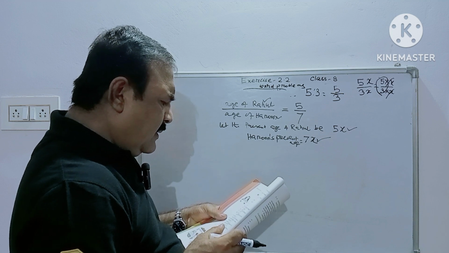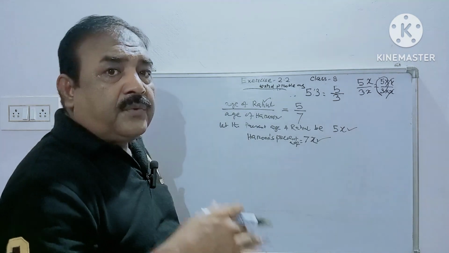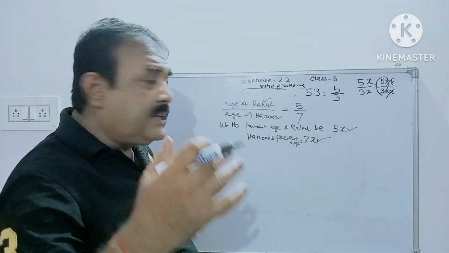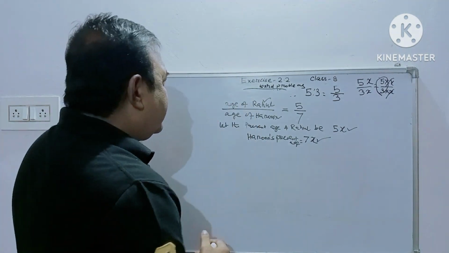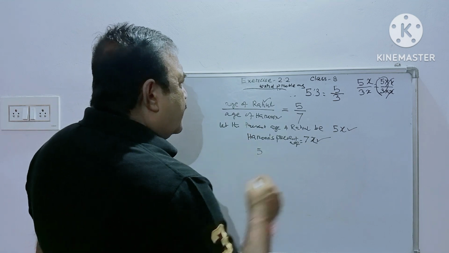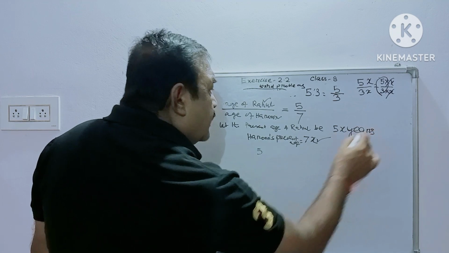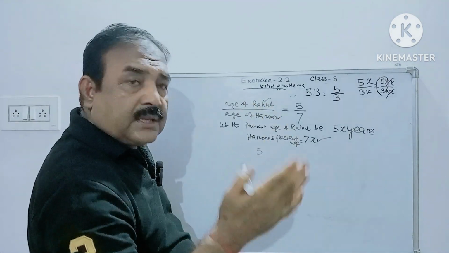4 years later, after 4 years, what will be the age of Rahul? Now you write here 5x years, it will be easier because when you do the equation, we can cancel the units.